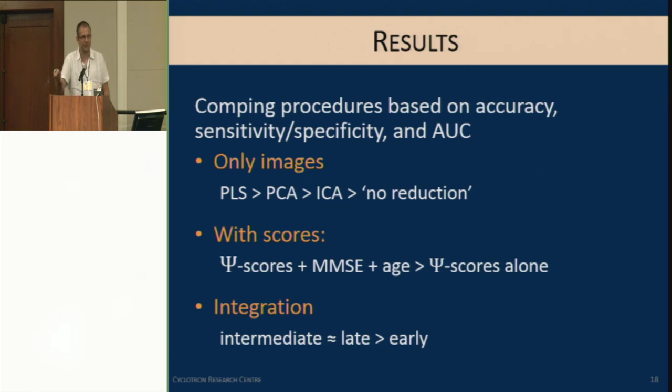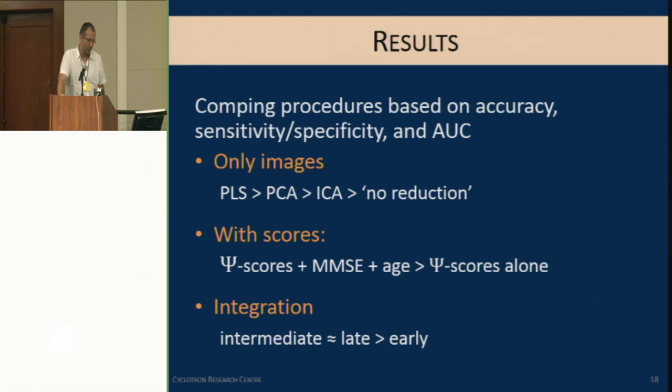He's more likely to turn AD than a younger subject. And when we compared the different procedures of integrating, mixing up the data, what we found is that the intermediate and late were giving us similar results, and that was performing better than early integration.